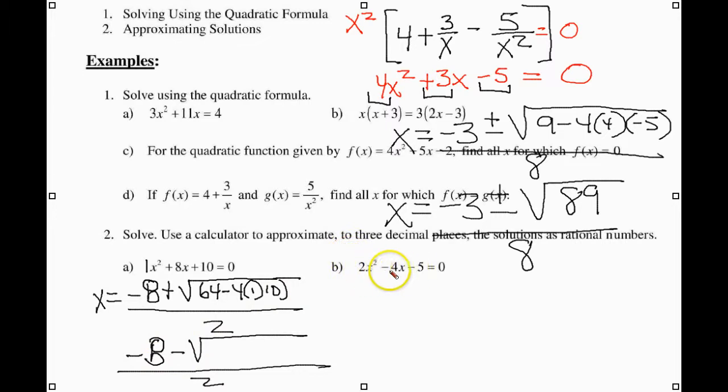And here, the very same thing. They want you to put it in the quadratic formula, one with a plus in front of the radical sign, one with a negative. Now don't forget, all of this is going to be in a parenthesis divided by 2, and then all of this in a parenthesis divided by 2.